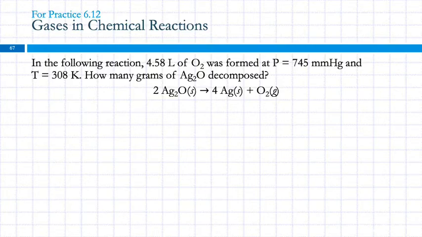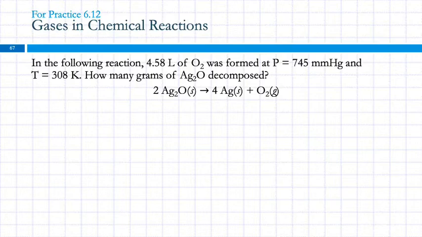In the following reaction, 4.58 liters of oxygen was formed at pressure equals 745 millimeters of mercury and temperature equals 308 Kelvin. How many grams of silver oxide decomposed? So this is a stoichiometry problem. I have a chemical reaction occurring, and so I'm going to use the balanced chemical equation to help organize my information. I've got an amount of oxygen gas.